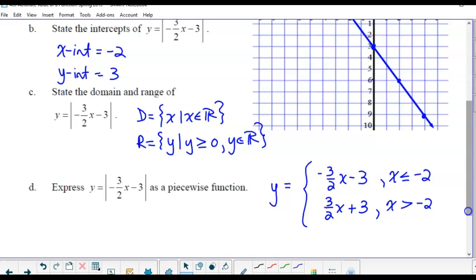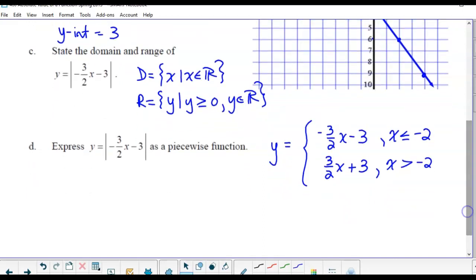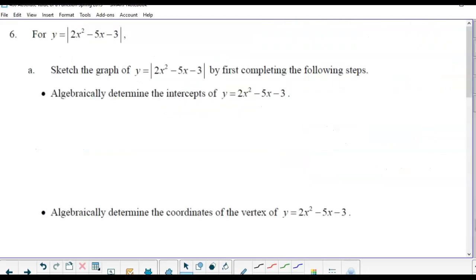Then you need to figure out for what values of x each one works. Obviously here, that's your x-intercept, right? That's the key. That's what's going to go in there, x-intercepts. Because anything below the x-intercept is negative, and that changes. So I think there's a quadratic in the next one.